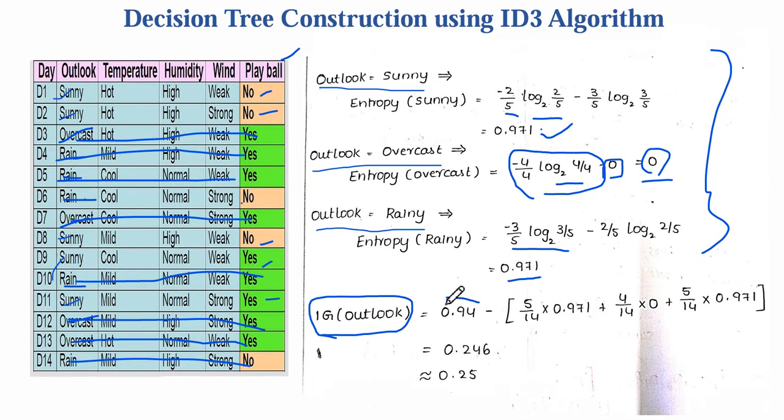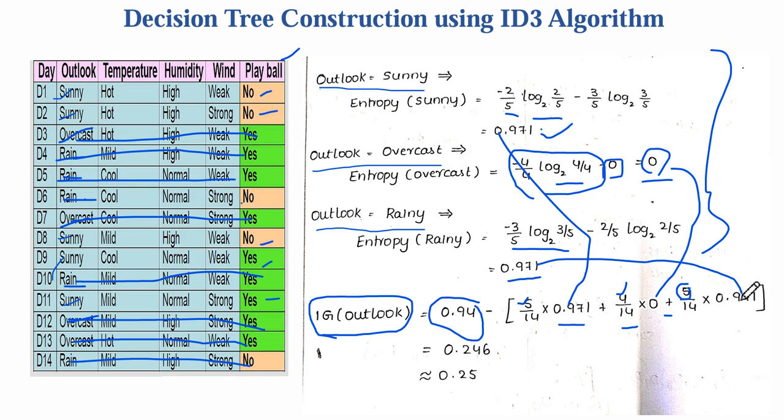So here is the information gain of outlook. The entropy of the data set is 0.94 minus, outlook equal to sunny has 5 records: 5 by 14 into its entropy 0.971. And outlook equal to overcast has 4 records out of 14, its entropy is 0, plus outlook equal to rainy has 5 records out of 14, its entropy is 0.971.